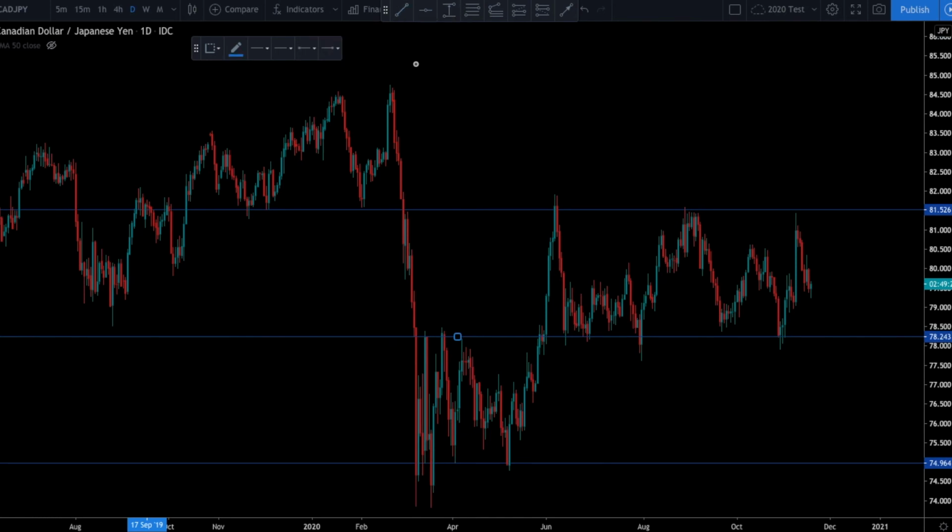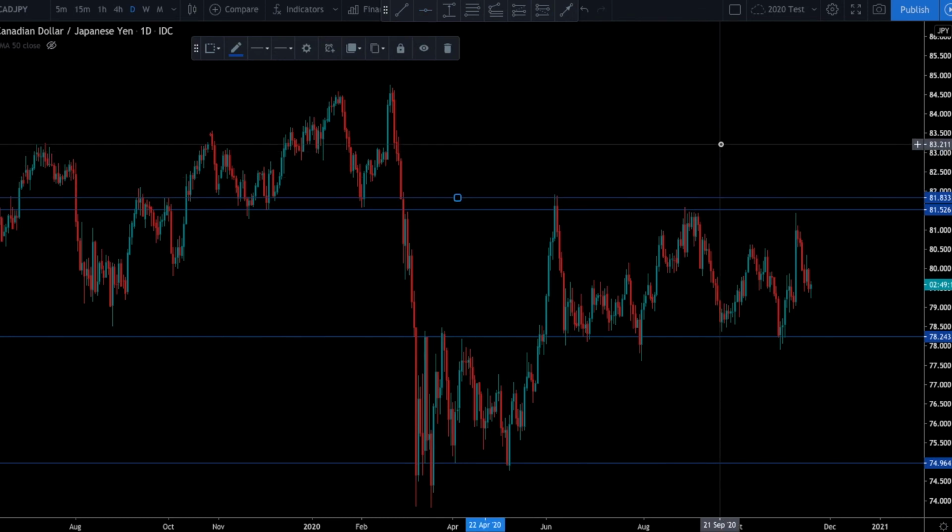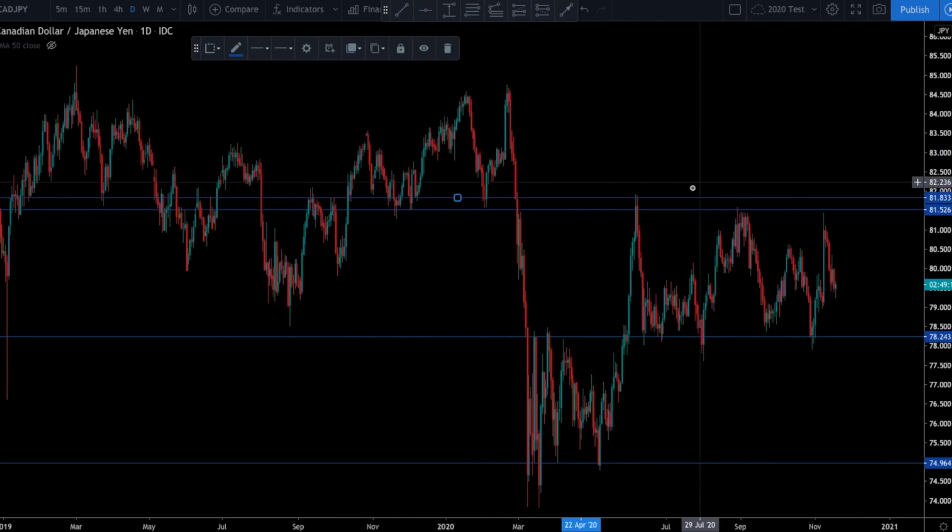And I find that on horizontal support and resistance lines, a lot of times you'll get into these little zones, like right here. Not ranges, zones. You can see this line is going through an open and close, and then down here it's hitting a wick, and this line's going through an open and close.